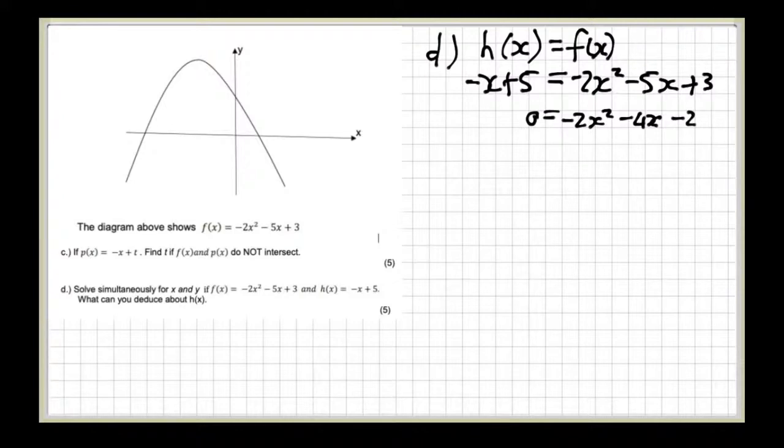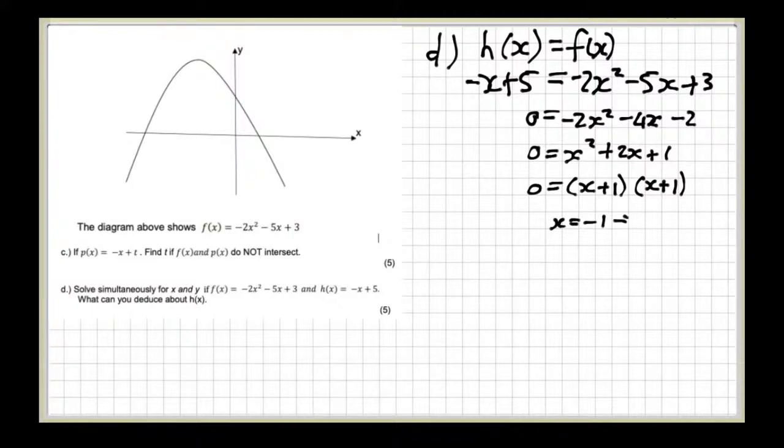Again, you could do it whichever way you want to. I'm going to divide both sides by negative 2. So it becomes x squared plus 2x plus 1. If I factorize this, I get x plus 1 squared, which means that x is equal to negative 1. Oh, wait, I only have one solution. Oh, that's fantastic.